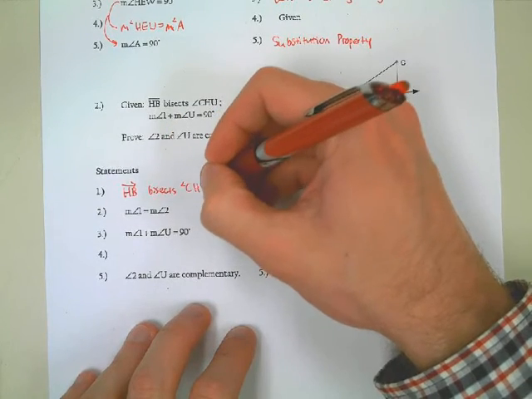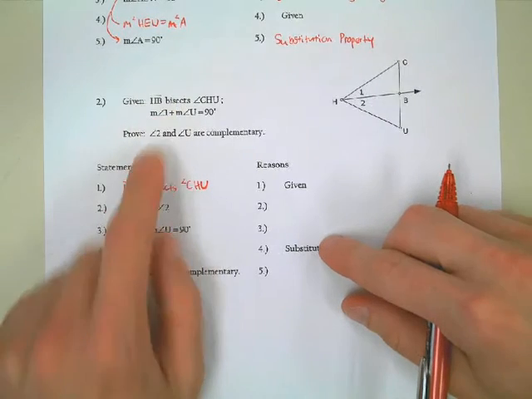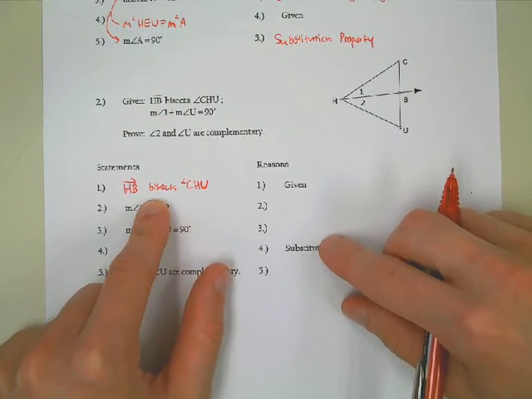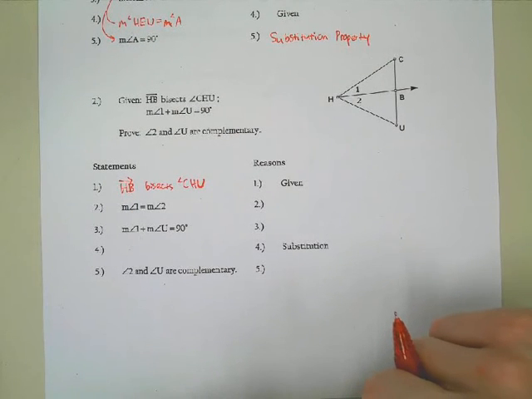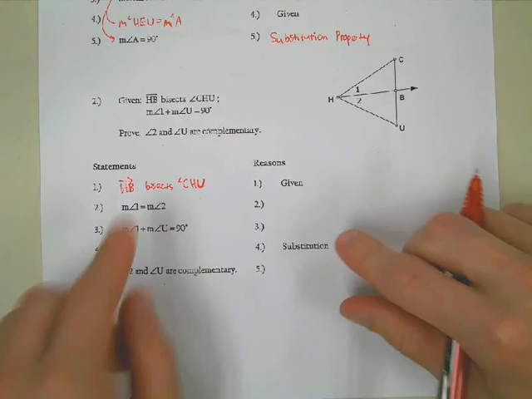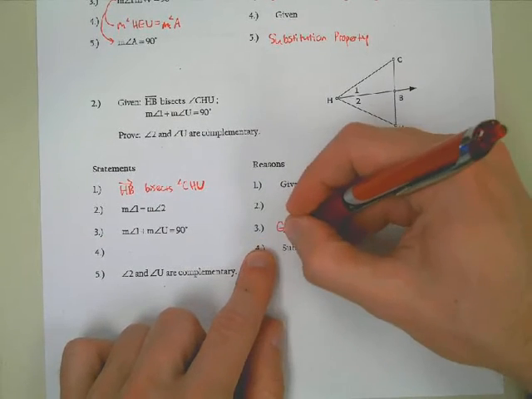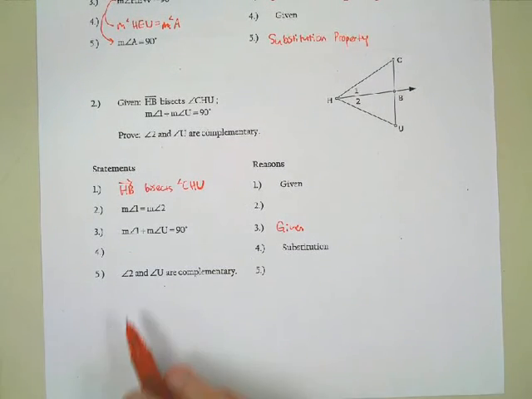How do I know this is the one that I put down here? Anyone have an idea? The other one's down there, so you can see it. That's right, the other one is down here later in the proof. So what's the reason for that one going to be? That's the other given. So the other one's stated later. That's why I knew it had to be that first one.